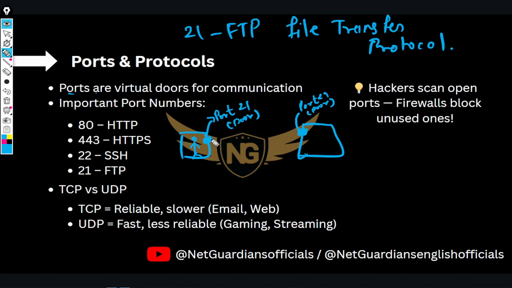If it's open, then I will make a connection, then I will drop my file here, and the file goes boom boom boom and reaches its destination. Got it? And then you will receive it on your system. Hope it's clear to you all.